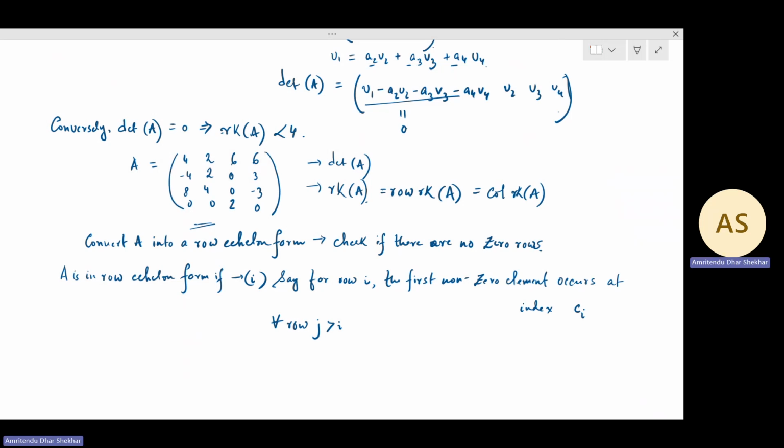For each row j greater than I, A of j comma k is equal to 0 for all k less than or equal to Ci.